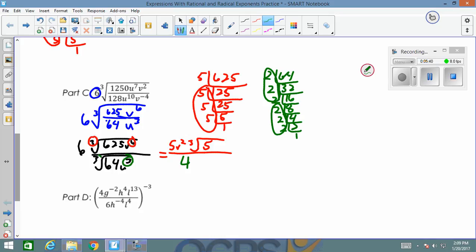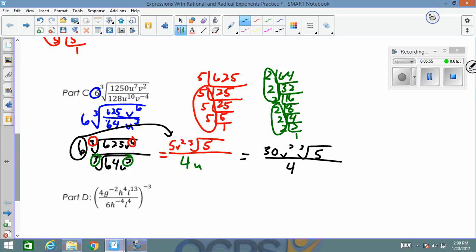And then 3 divided by 3 leaves me with the letter. Okay. Then we have to multiply this number here, this 6, to that 5. So we get 30 e squared cube root of 5 over 4. And then simplify, divide them both by 2. So our final answer will be 15 e squared cube root of 5 over 2.